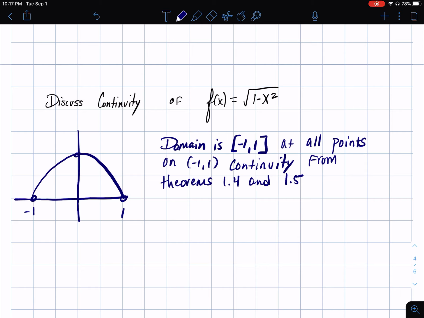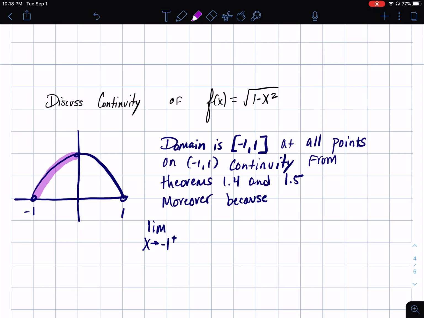Then we also want to discuss, is it continuous over the whole closed interval? Okay, so we also want to add, moreover, we want to see the limit as x approaches -1 from the right. Okay, so we want to check our graph as we approach -1 from the right.